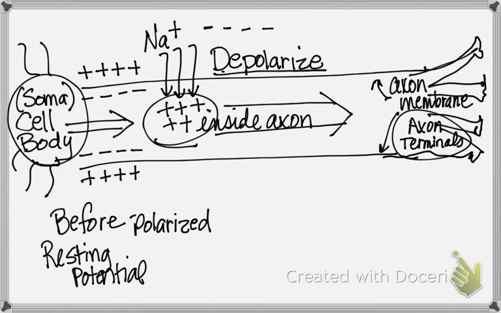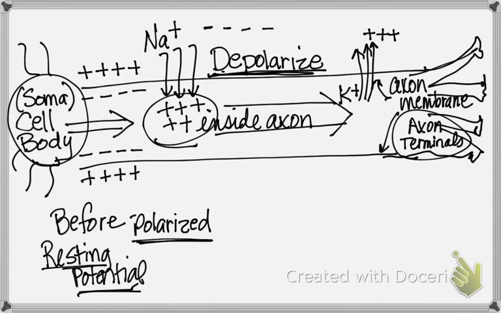So here's this word, depolarize. We have a polarized membrane at our resting potential. When the sodium floods in, it makes the inside of the membrane more positive than the outside, and so it depolarizes. Lastly, in order to restore the membrane to its resting potential, potassium ions, which also have a positive charge, flow back out, making the outside again more positive compared to the inside.